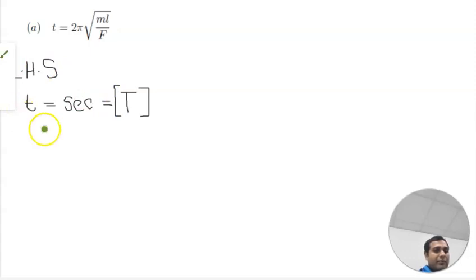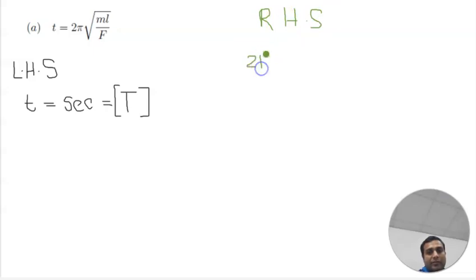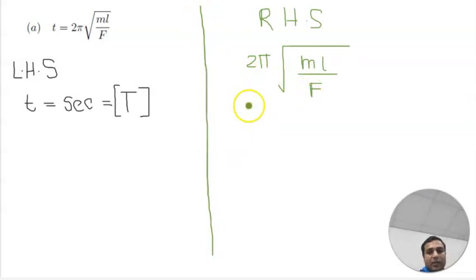Now I want to have a look at the right-hand side. What do we have on the right side? 2 pi, square root of mL over f. 2 pi does not have any units, so I'm not bothered by 2 pi.